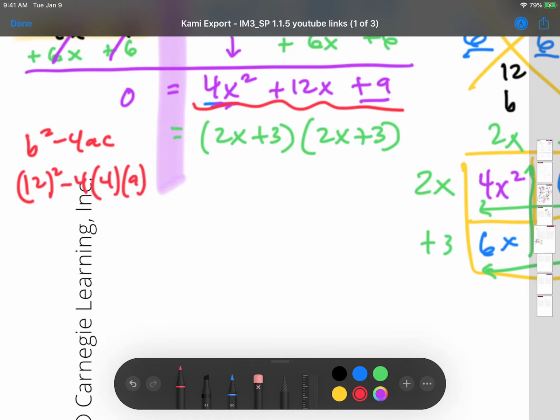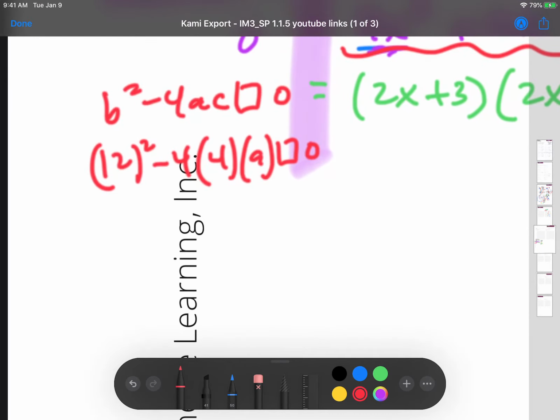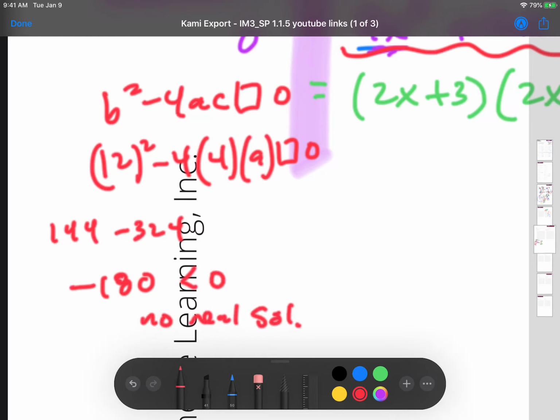We're trying to think about how this is in relation to 0, and the discriminant will tell us how many solutions. So 144, minus 36 times 9 gives me negative 324. If you add that to 144, I get negative 180. Negative 180 is less than 0, so we're going to have no real solutions.